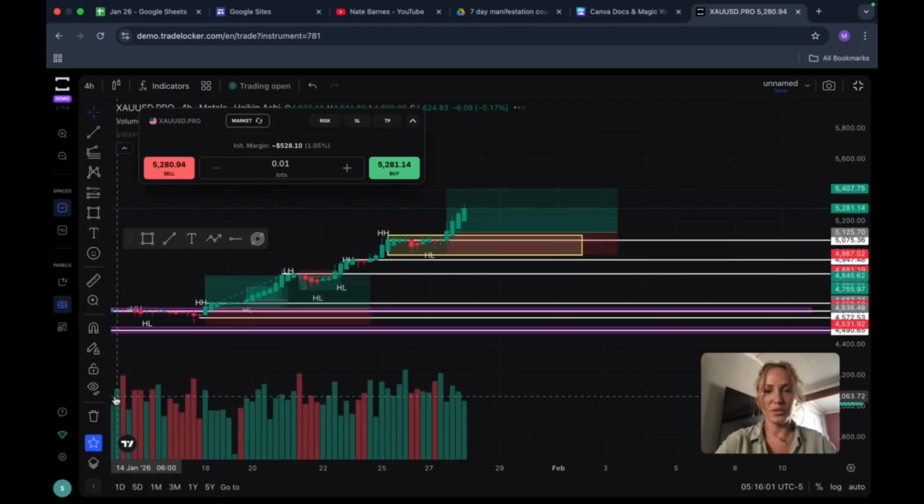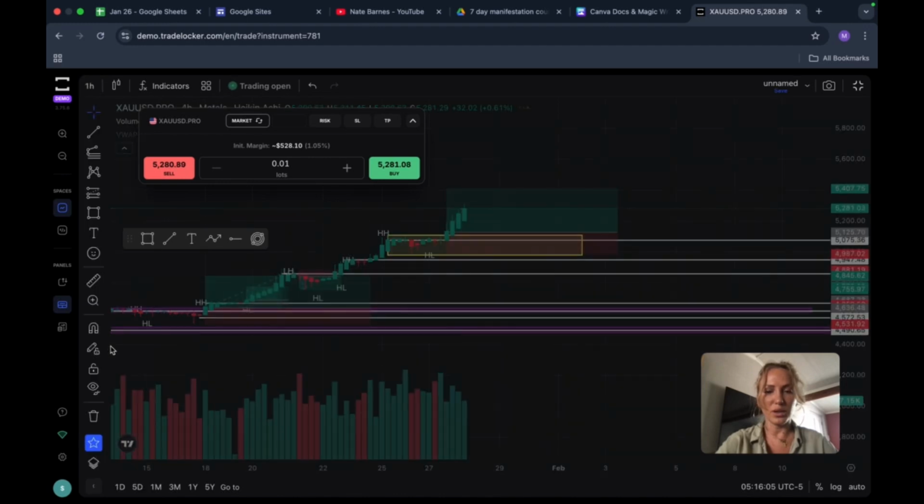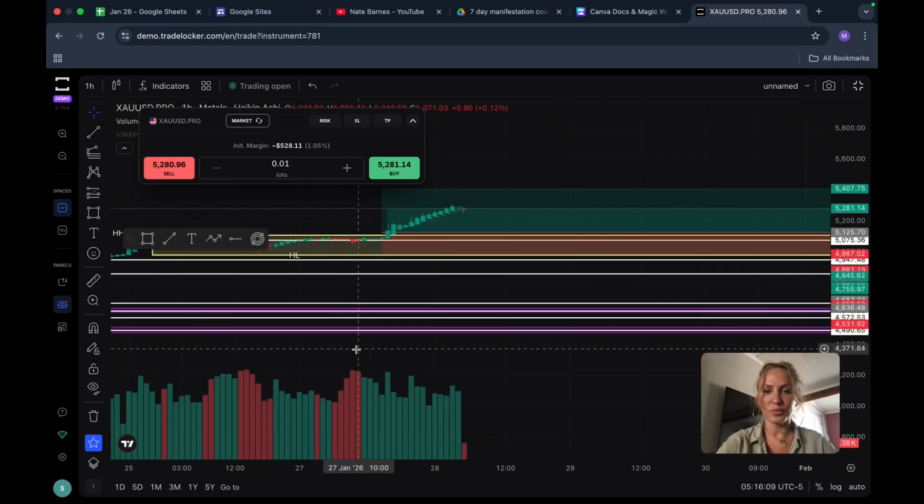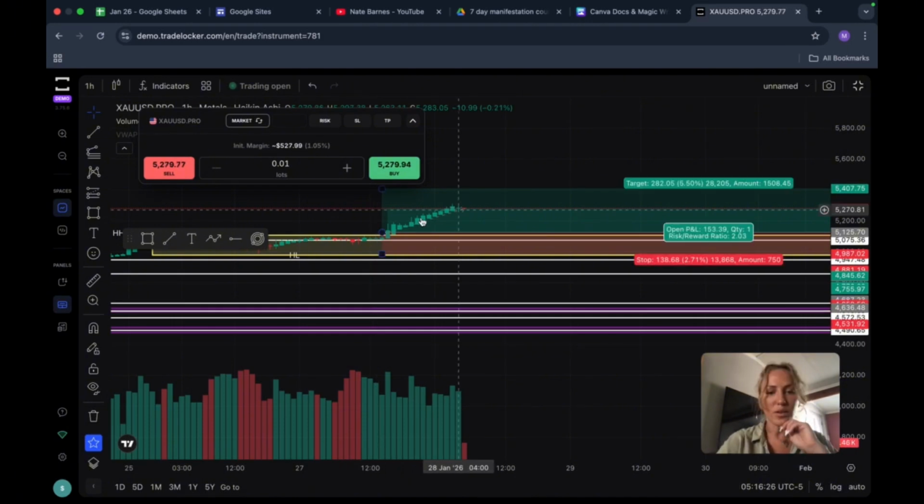What you need to do still is double check, go to 1 hour. Okay, and just see that there's a strong movement going up if you are going for a long. You see here no indecision, no doji candles or anything like that.